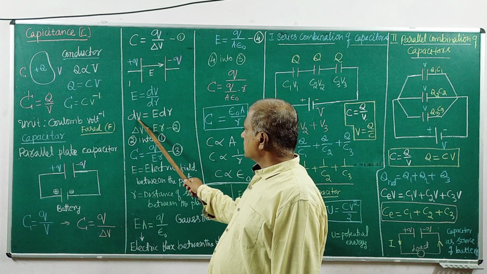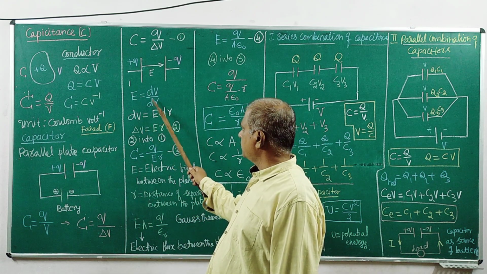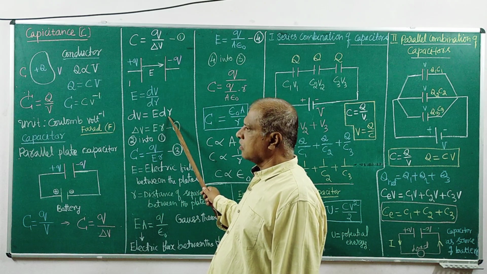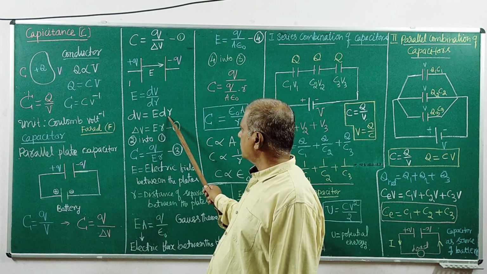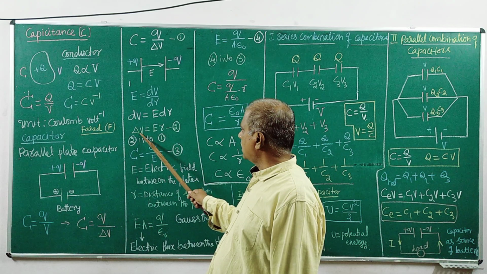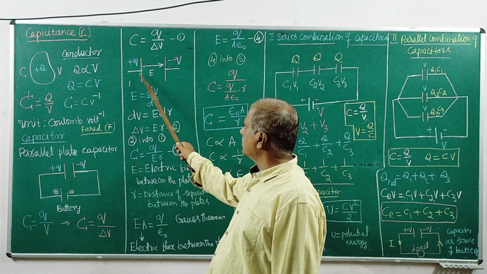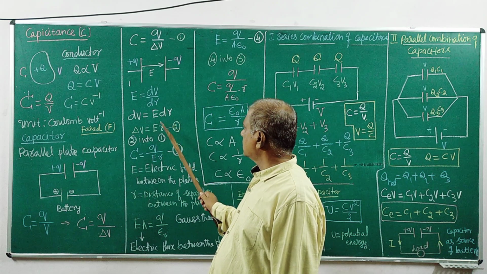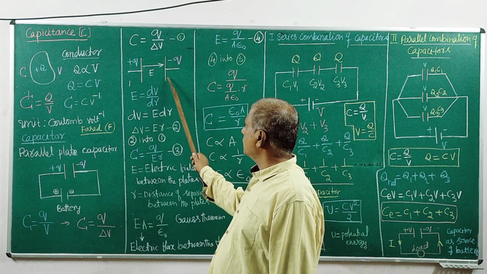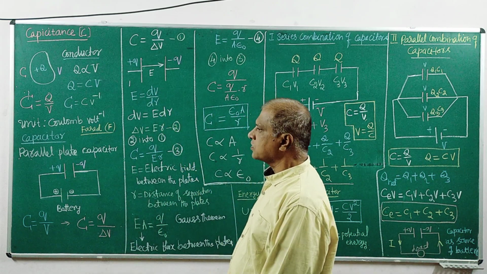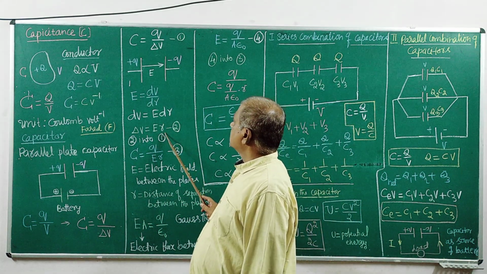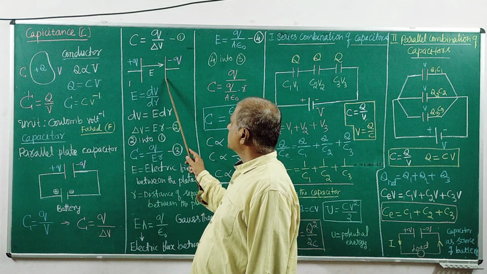You can rewrite this as dV = E dr, and integrate. The integral gives delta V, the potential difference between the two plates, equal to E times r, where r is the distance of separation between the two plates.